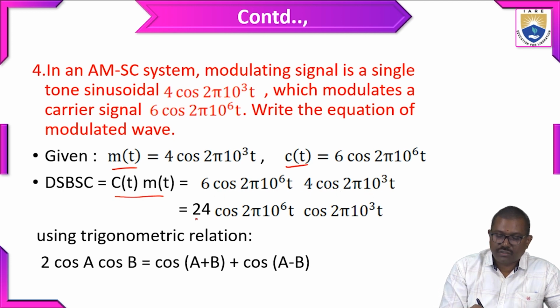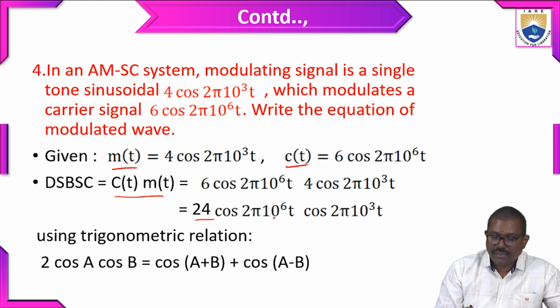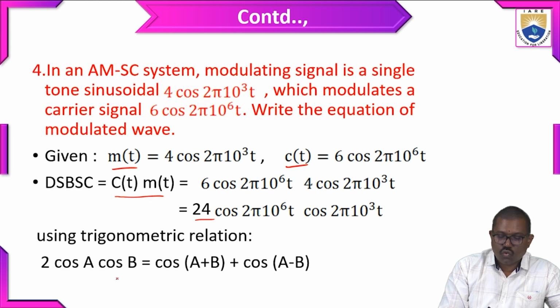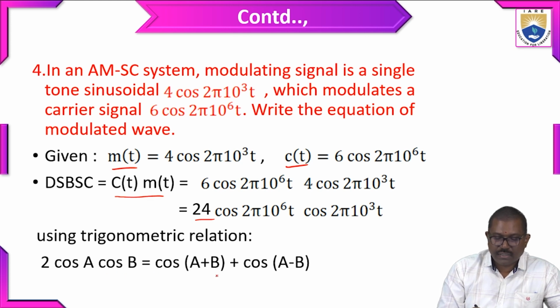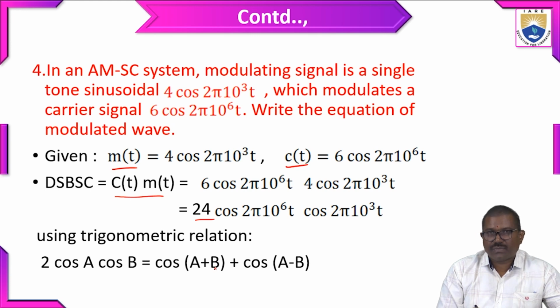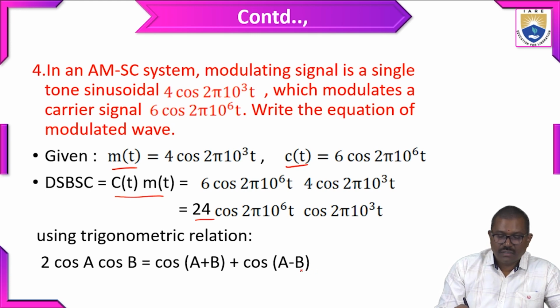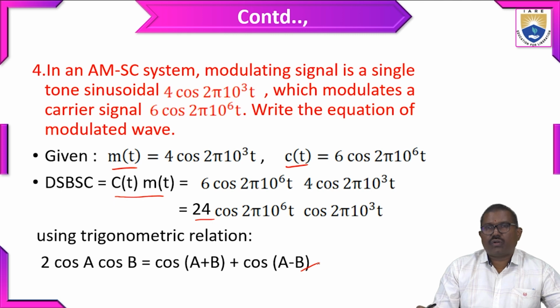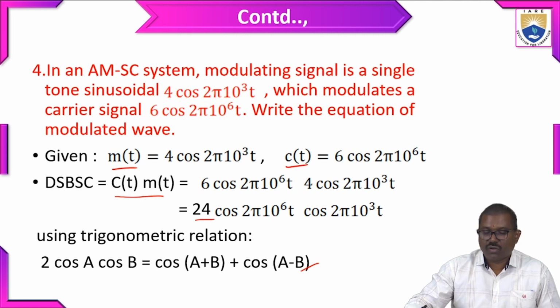So 6 times 4 gives 24, and the remaining is cos(2π × 10^6 t) times cos(2π × 10^3 t). Here, using the trigonometric relation 2 cos A cos B = cos(A + B) + cos(A − B), we are going to expand.